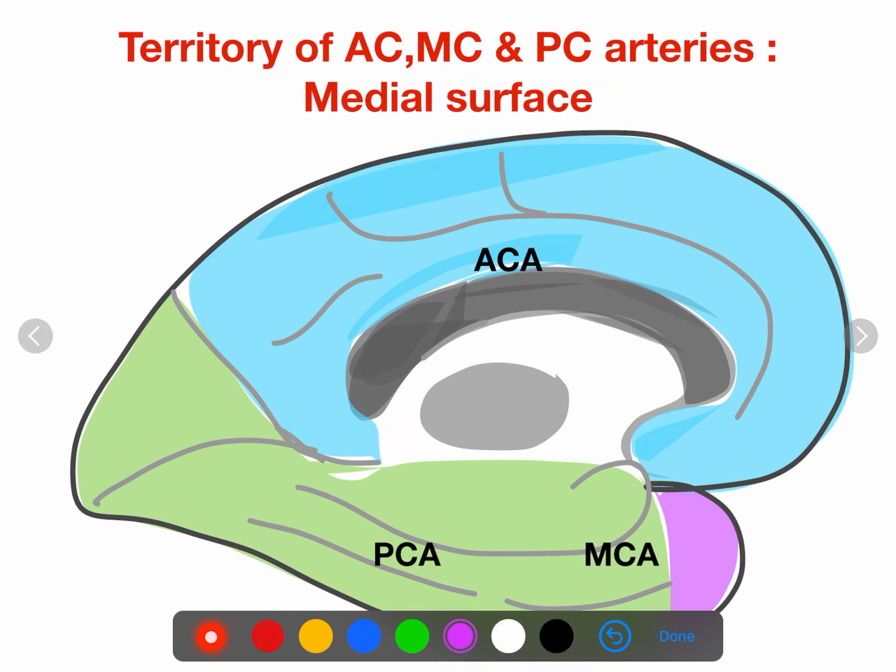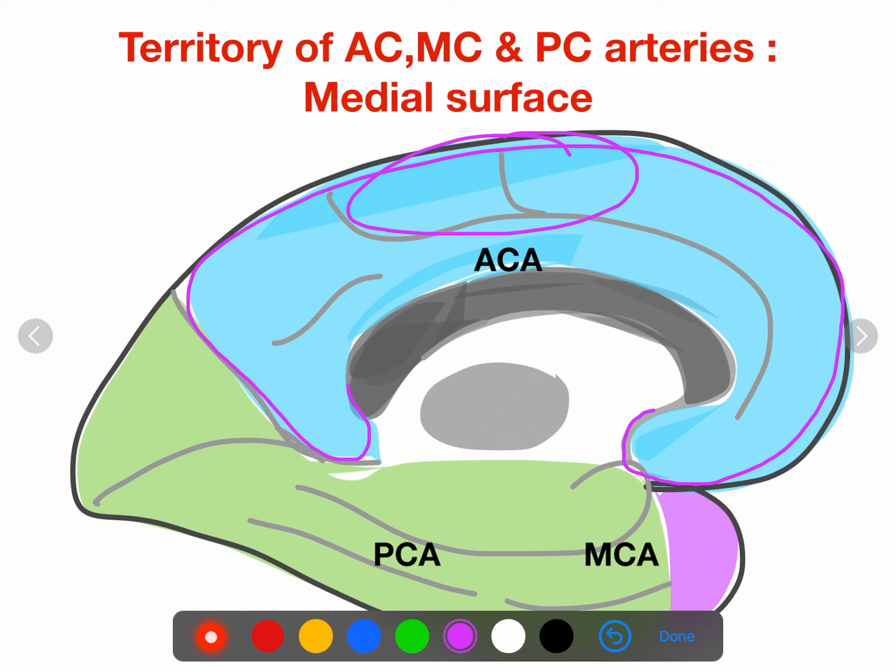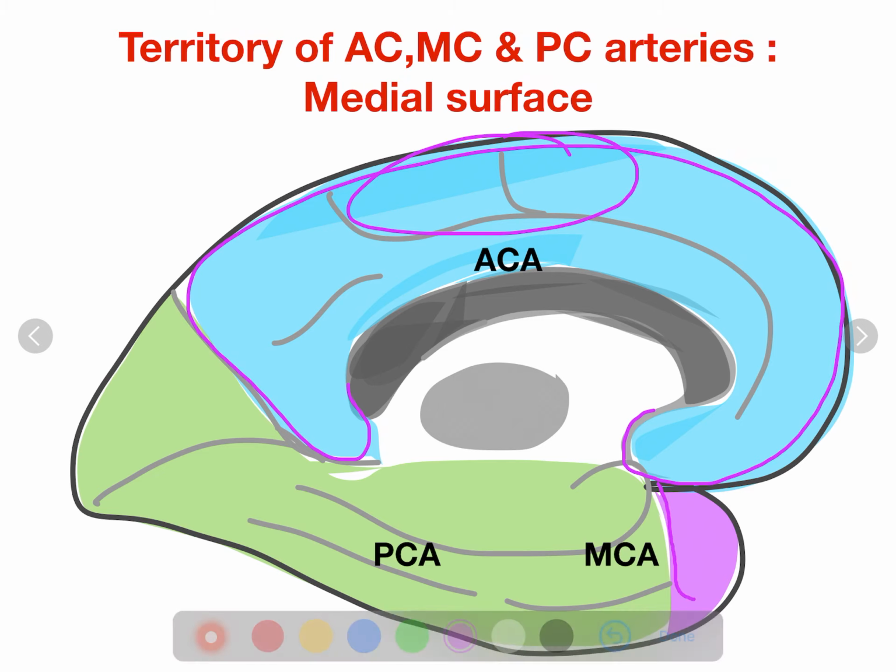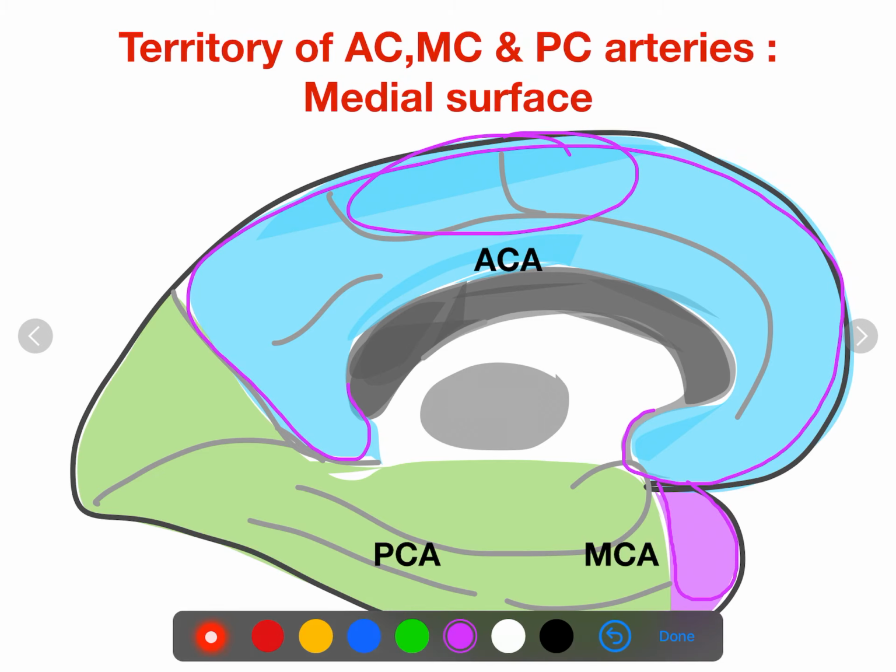Over the medial surface, the major part is supplied by the anterior cerebral artery. So the paracentral lobule comes here, and a very small part over the temporal pole is supplied by the middle cerebral artery, and the rest of the area, the sensory cortex and visual cortex, is supplied by the posterior cerebral artery.